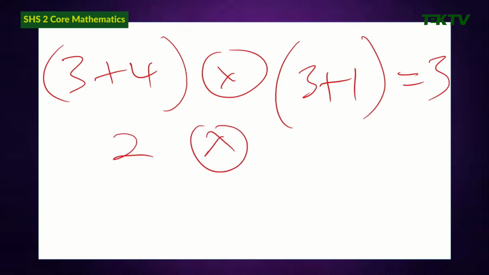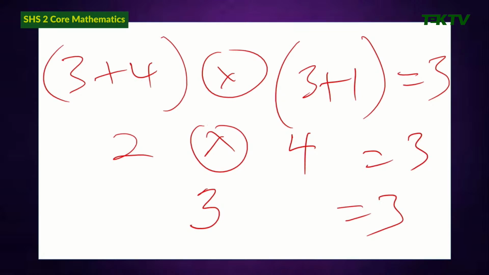And now 3 plus 1 on the addition table is 4. 2 times 4, that is on the table, is 3, which is the same as the 3 that we have here. So it means in place of n, when you write 3, that will also give you a true statement. So you just write, therefore, n is equal to 3.